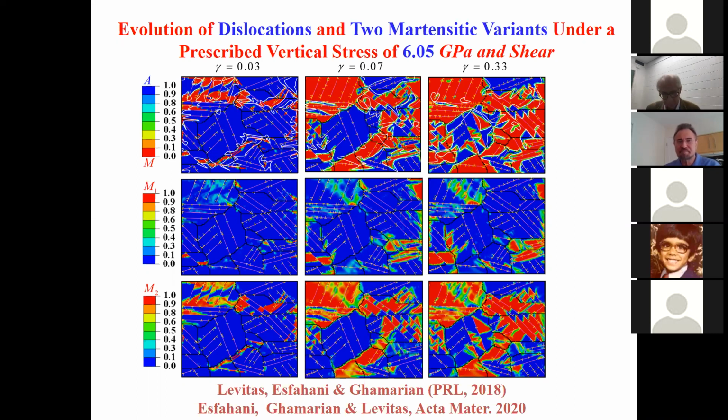This question is regarding the minimum pressure for direct strain-induced transformation. This is Mageshwari from PNNL. The pressure reduces as a function of plastic strain. So I'm interested in understanding the effect of temperature.